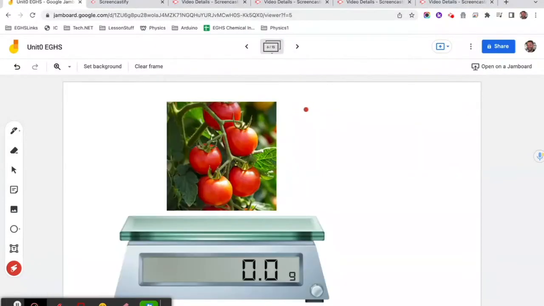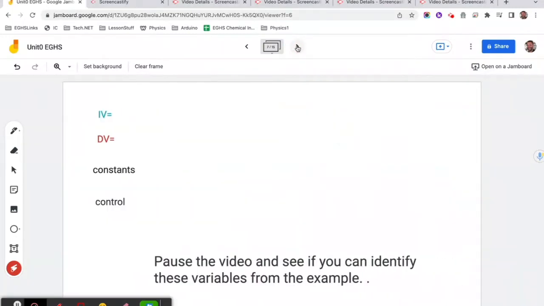Then when they turn nice red and ripe, I'm going to mass those tomatoes and see what the weight is. What I want you to try to do now is pause the video and see if you can pull out the independent variable, the dependent variable, the constants, and the control.